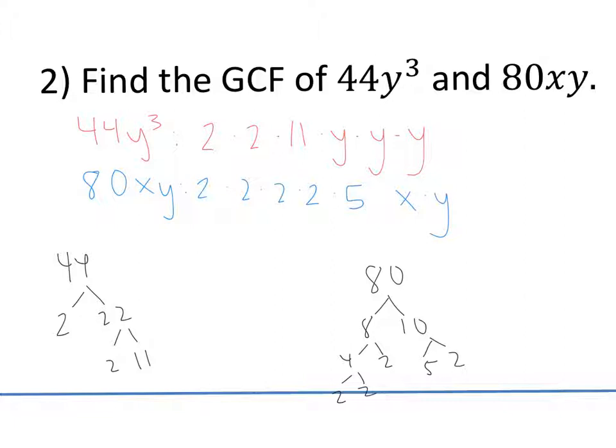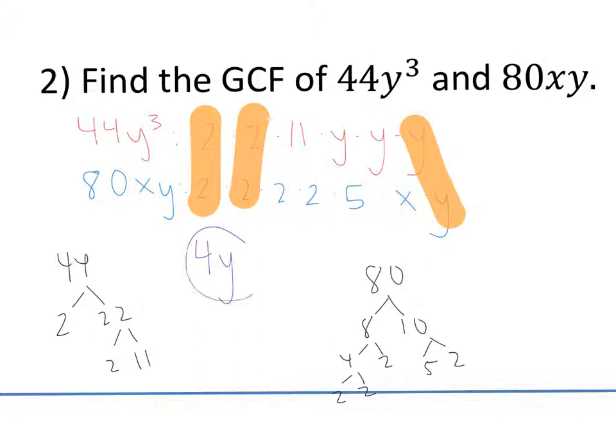Then we can see what the two have in common. So I'll grab my highlighter here, and they both share 2 and another 2 and a y, and that looks like that's everything that they share in common. So I'll write out my final answer, and the GCF of these two monomials would be 4y, because 2 times 2 is 4, and then they only share a variable of y.